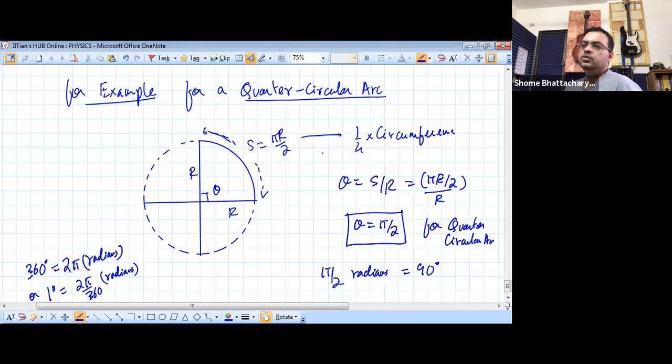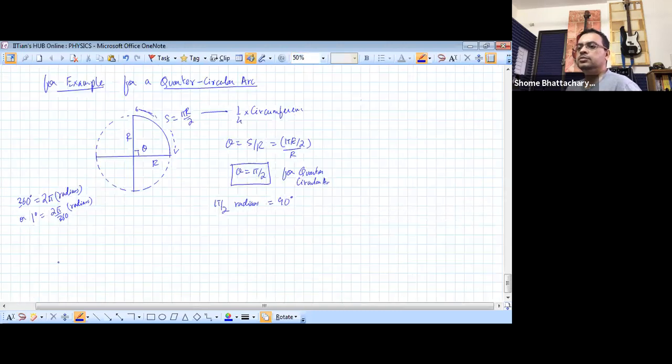So similarly, not only in the case of a quarter arc, but if you take a semicircle, if you draw a semicircle like this, that is the total angle subtended. And what about the arc?